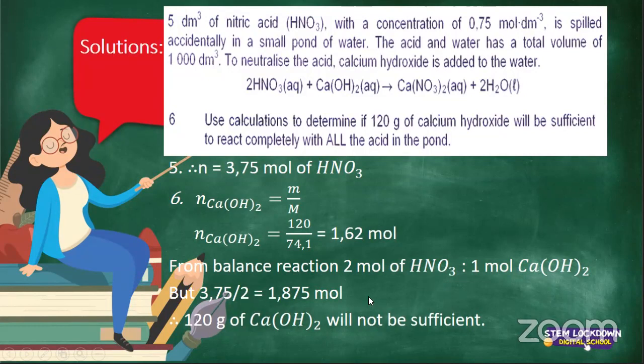Half of the acid that is required is 3,75 divided by 2, which is 1,875. Now the base that is available is 1,62. So it means the base will not be sufficient, right? So let's carry on.